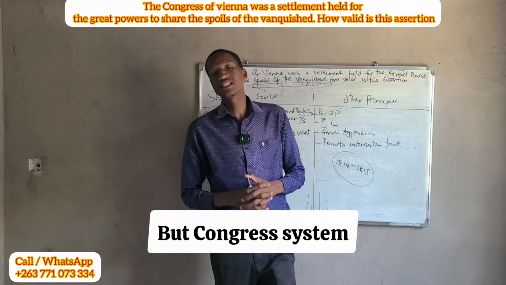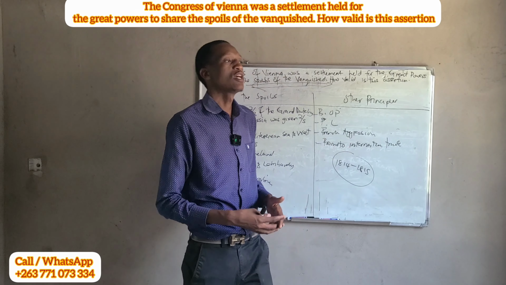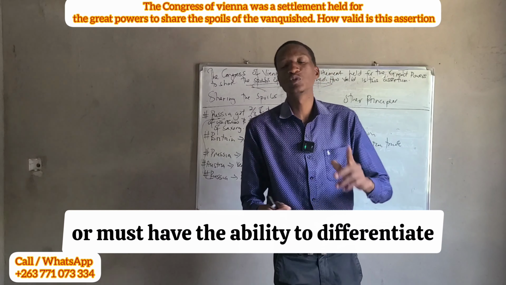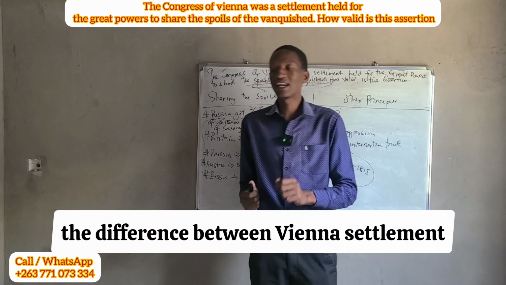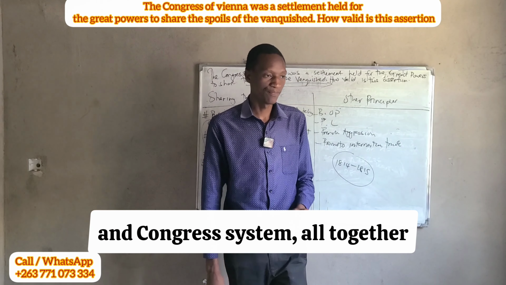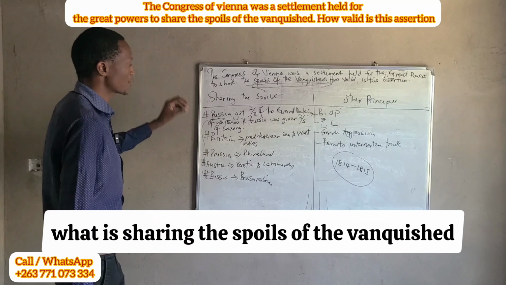But Congress system yatova imwe nyaya yawo yakasiyana ne Vienna Settlement. So good candidates must have the ability to differentiate the difference between Vienna Settlement and the Congress system. Are we together?